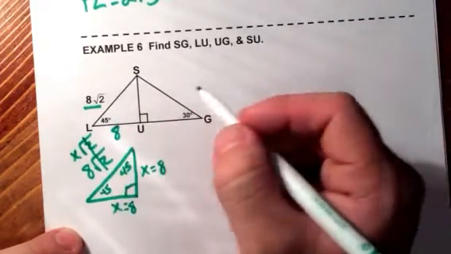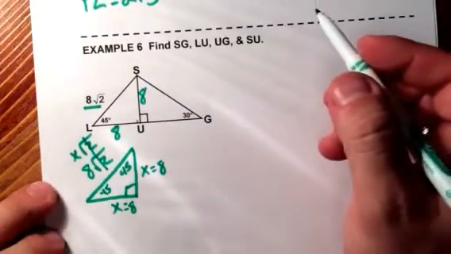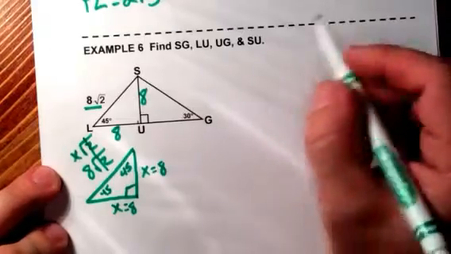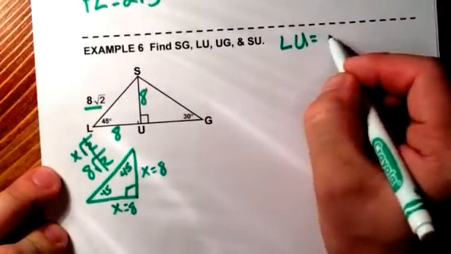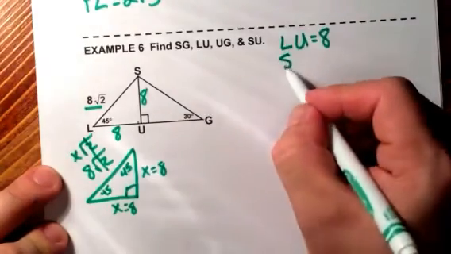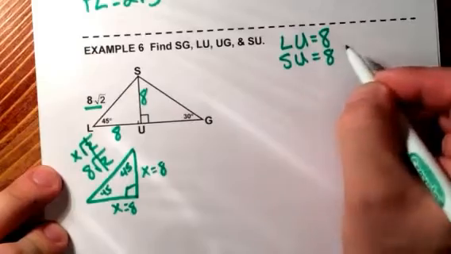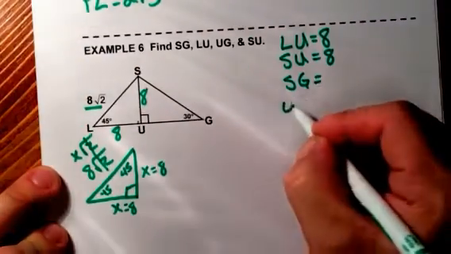LU must be 8. SU must be 8. So, now that we've done that, we've answered what LU is. LU is 8. And SU is 8. We still need to find SG and UG.